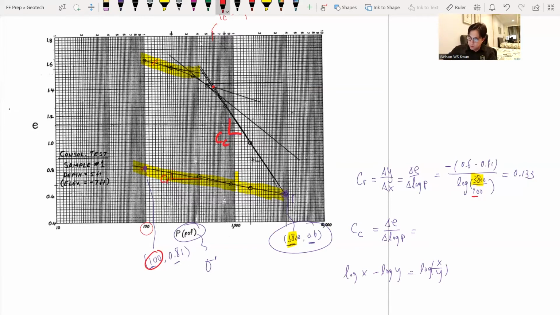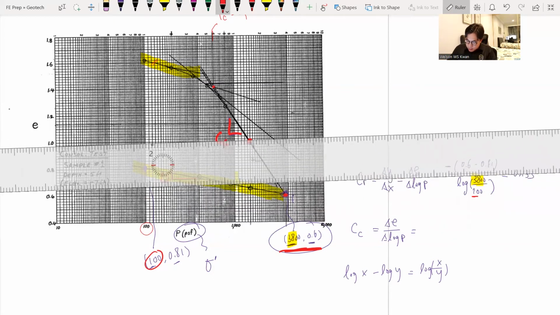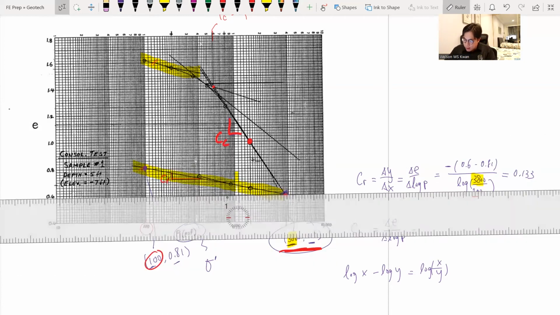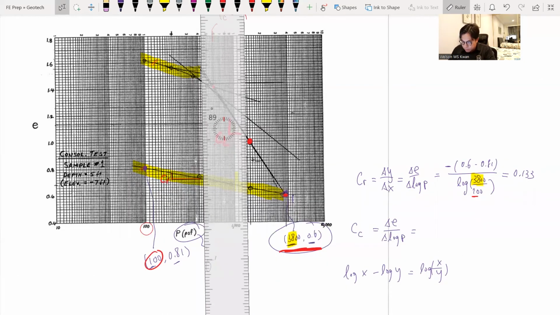we pick 2 points. We pick our point number 1 already. So at this point, we can recycle this point, and the other point that we can pick is we take advantage of e equal 1 here. So we can take this point, and we know the void ratio is equal to 1. So easy to read on that one. And then we read our corresponding stress level.